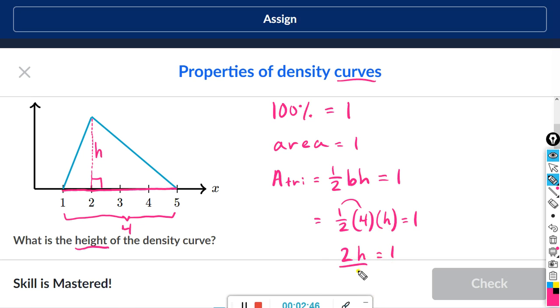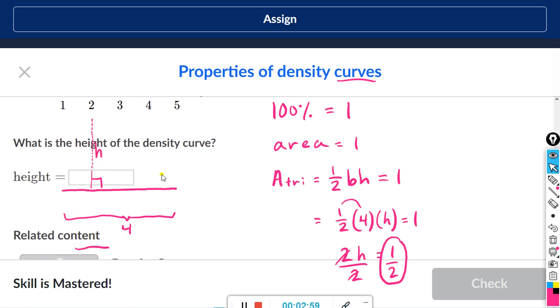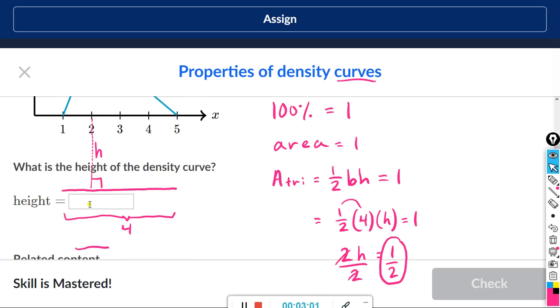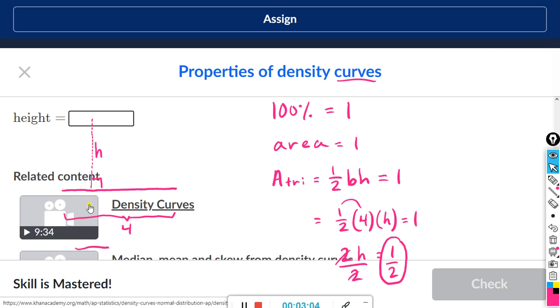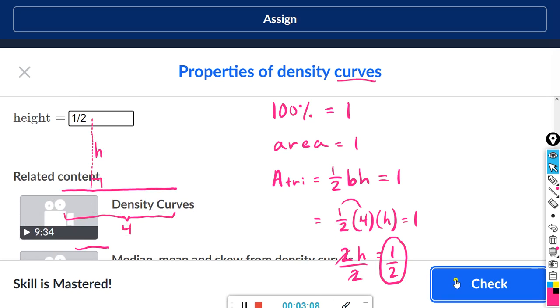Okay, dividing both sides by 2, 2 over 2 cancels, and h equals 1/2. So you just enter that in the box, 1/2. All right, so here in the box for the height, you just type 1/2, or you can do 0.5.